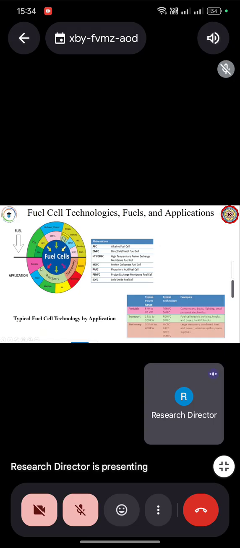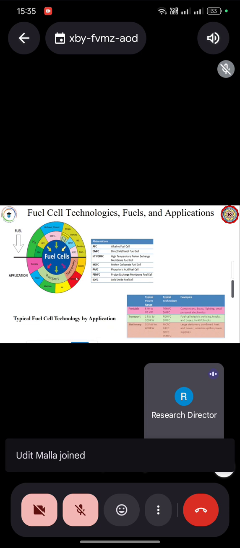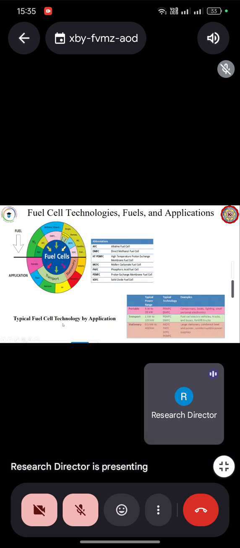From this diagram we can easily understand where we will use different kinds of fuel cell in particular applications. In stationary use, residential or industrial, we use a battery for electricity. Nowadays, if a power cut suddenly happens, we rely on the battery, maybe solid or liquid type, like the phosphoric type.